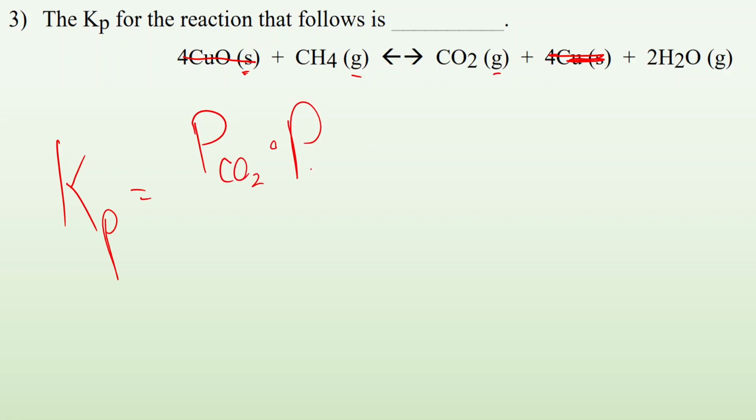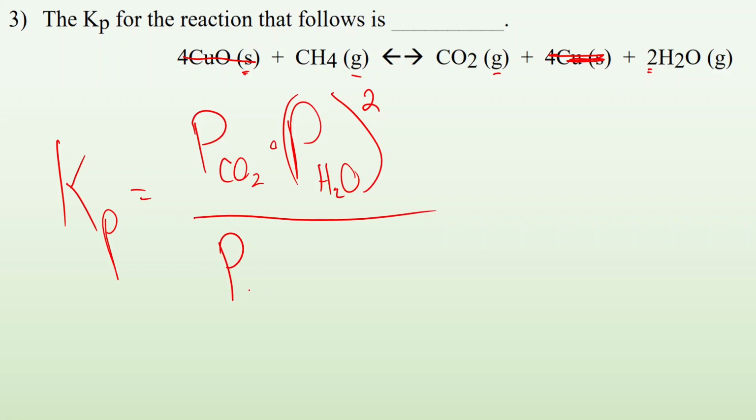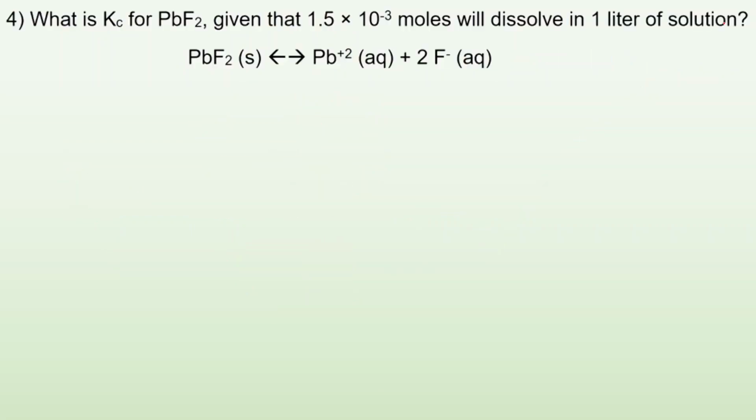I have H2O as one of my products. And that H2O is going to get squared because the coefficient in front of it is a 2, divided by the pressure of my reactants. So I got CH4 with a coefficient of 1. Oh, wait, that's the only reactant. So that's my Kp. Boom.